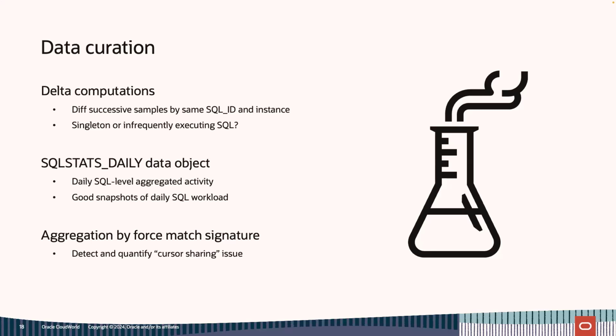This is kind of challenging because of the frequency differences, right? One SQL might execute thousands of times a minute. Well, you're going to probably see that one every half hour, and all your deltas will be 30 minutes in duration, and you'll have a very nice history of how it accumulated executions over time. But if a SQL executes once a day or once a week or even once a month, that becomes a little different.